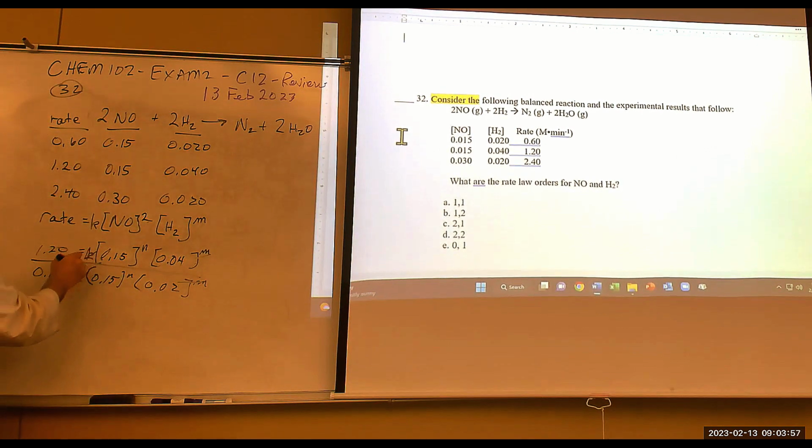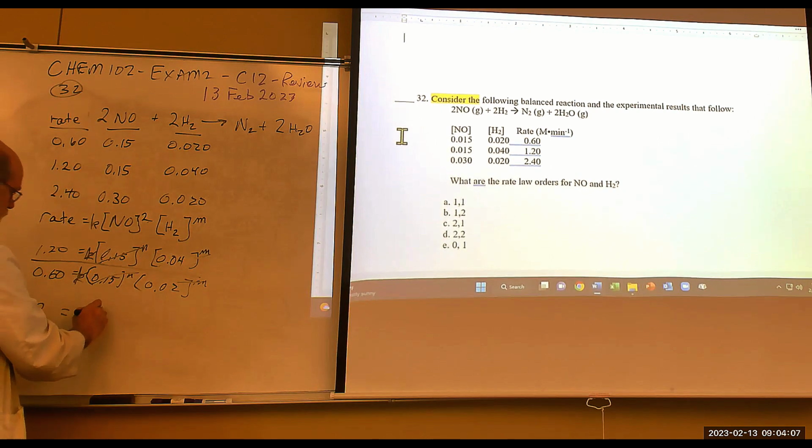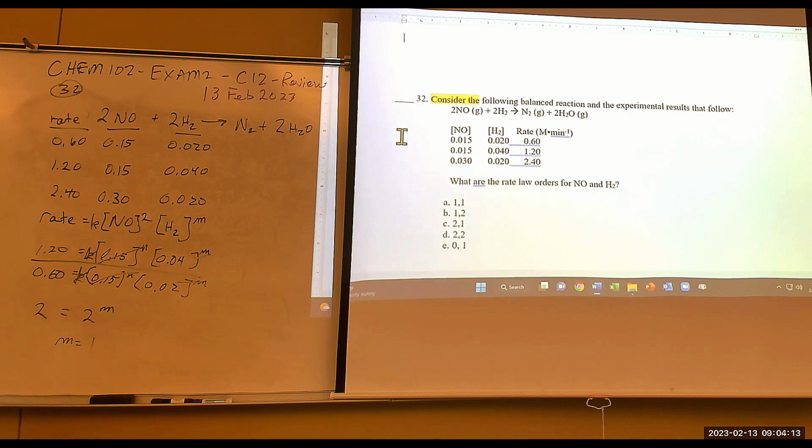Okay, so these cancel again, those cancel. Now we have this one, which is 2, right? 0.6 into 1.2. And this one is also 2 to the m. So m has to equal 1, right? I guess it's all right.